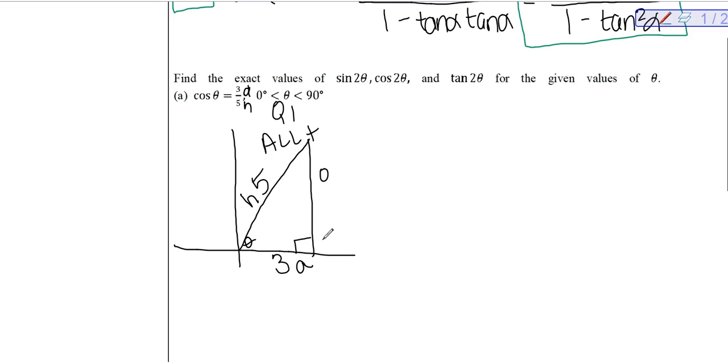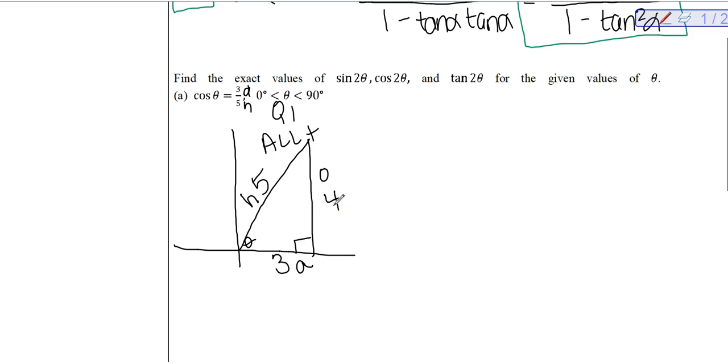So there's a number of ways I could go about doing this. I could use my cosine inverse and get a value for the angle, but it won't be an exact value. It will be an approximate value. And since we're asked to find exact values, that's not the route to go. So let's identify the opposite side of this triangle. Look at the sides I have here. 3 one side, 5 hypotenuse. So what's my other side? It's not square root of 14.